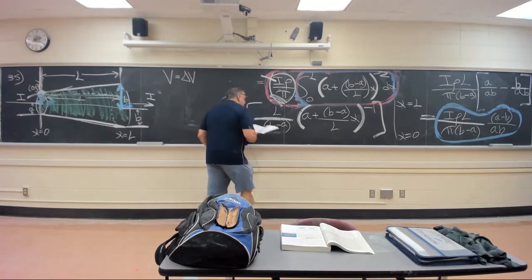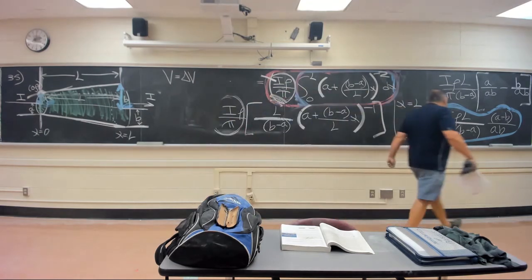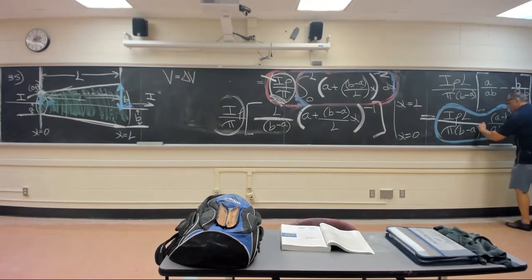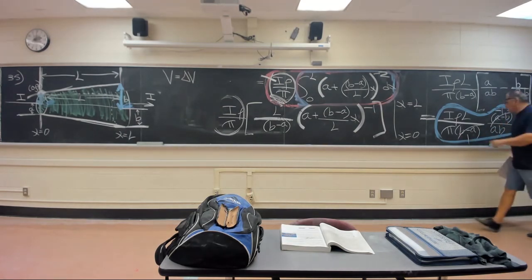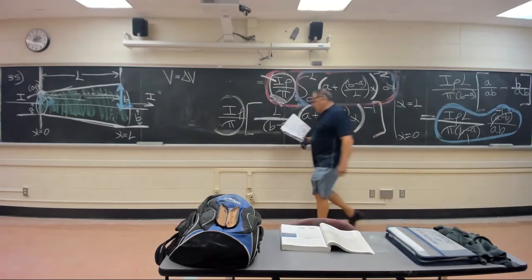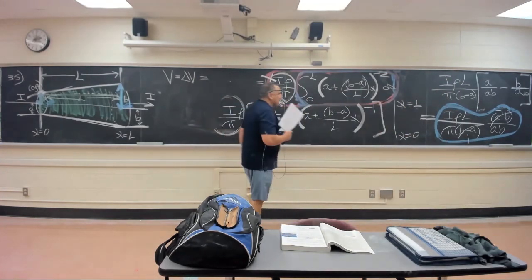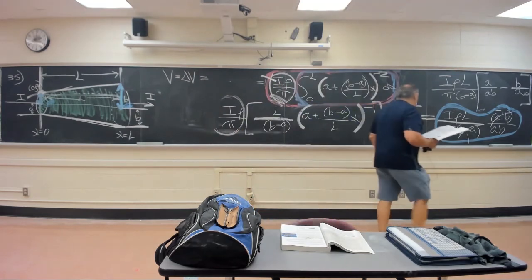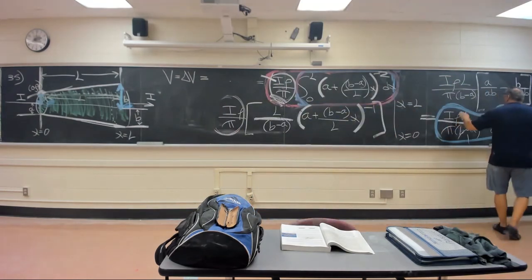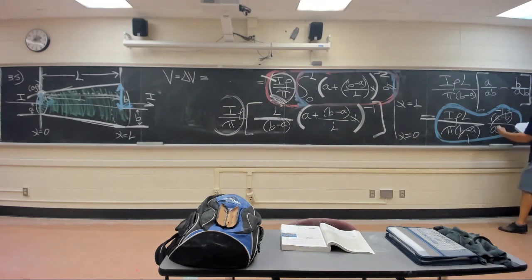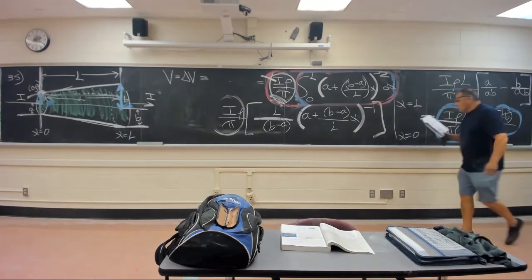As we said, these are going to cancel. B minus A goes into A minus B negative 1 times, guaranteed. So what you end up getting is I rho capital L times negative 1 over pi AB.